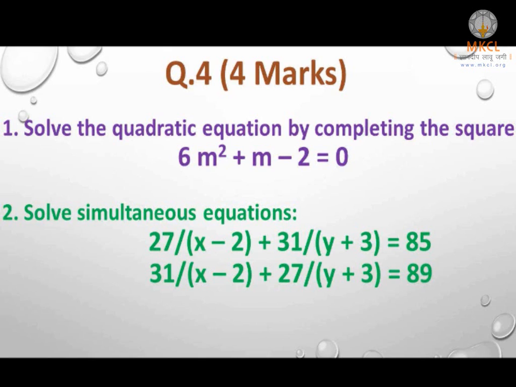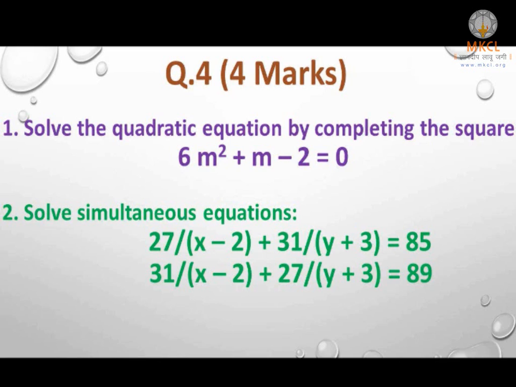Another question that may appear in this question 4 is: solve simultaneously these 2 given equations. Here it is advisable to use a substitution for 1 upon x minus 2 and not merely for x minus 2, because the first term can be written as 27 into 1 upon x minus 2 and the second term as plus 31 into 1 upon y plus 3.